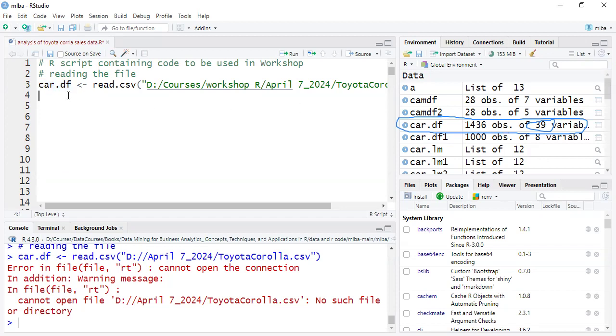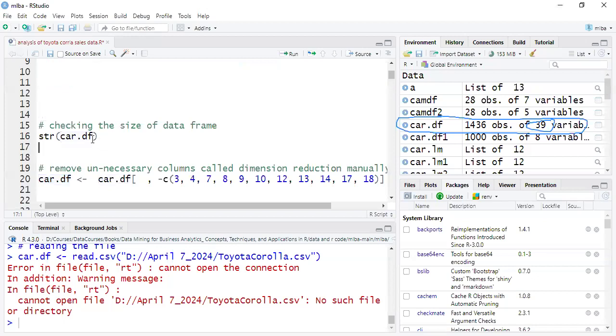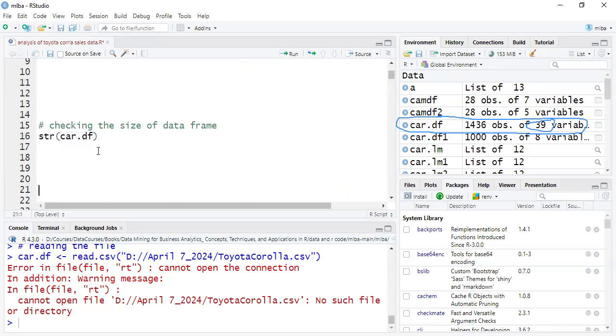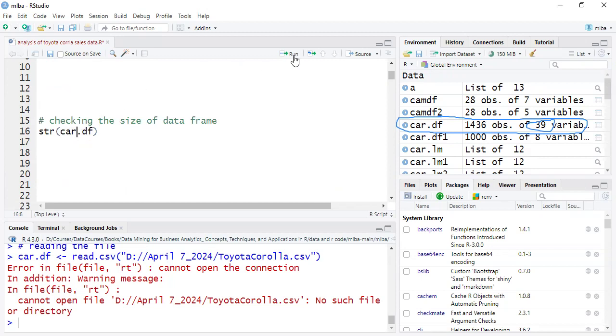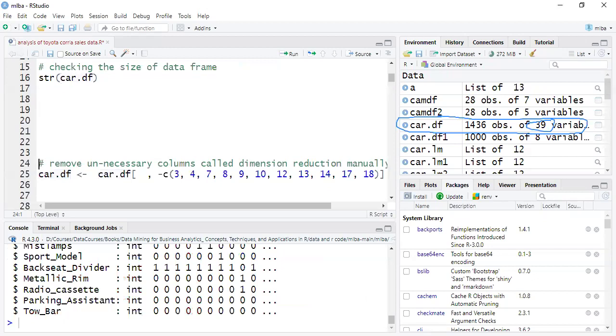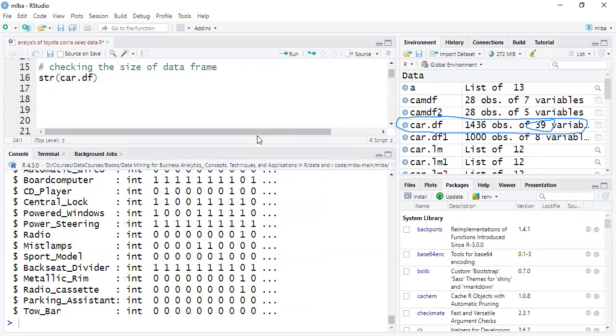You can assume that it is an Excel file in which we have 39 columns and 1436 rows. Every row contains data of one car. Now, structure of car.df, how many observations we have in this structure. Now run this one. You can see the structure.